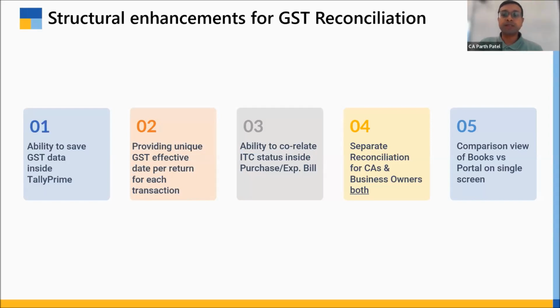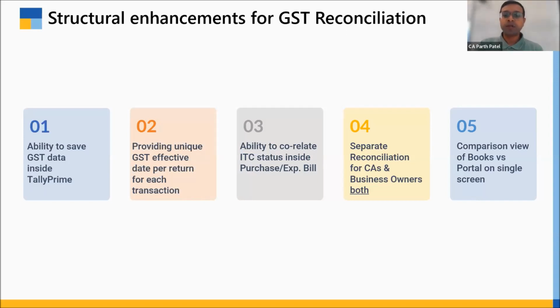The fourth is a separate reconciliation for chartered accountants and the business owners both. Here, when we discuss the ITC, there are 2 major challenges that we find in the market. The first challenge is with respect to ITC loss. ITC loss is all ensured by the reconciliation with GSTR-2B, and the same is mostly catered to by chartered accountants, right?